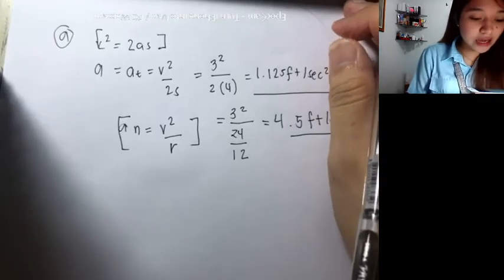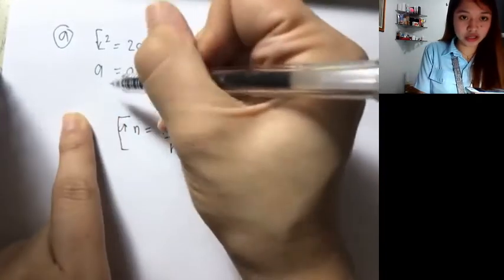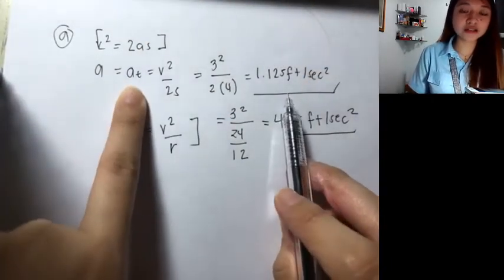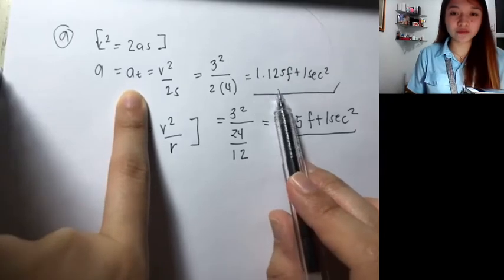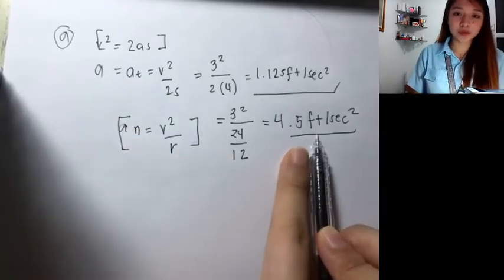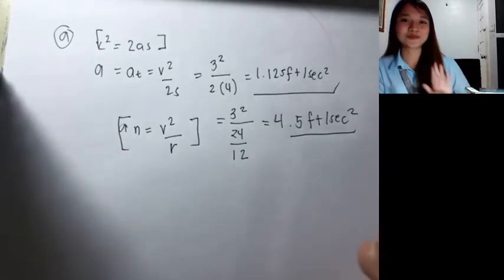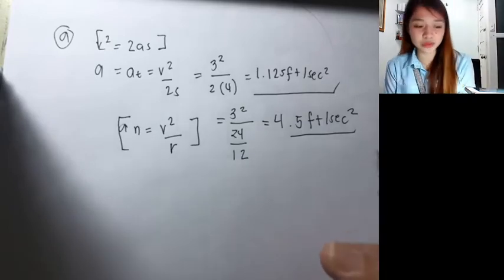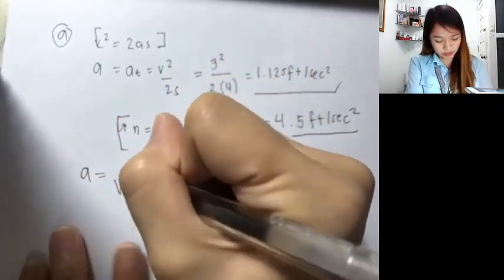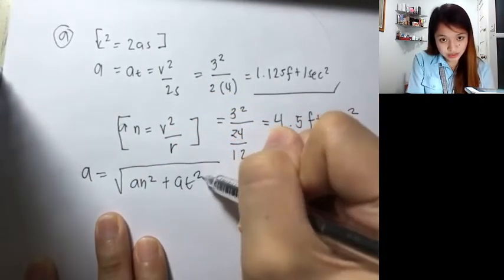So we have tangential acceleration, 1.125 feet per second squared, and normal acceleration, 4.5 feet per second squared. The next thing that we will do is to get the resultant acceleration, simply the square root of an squared plus at squared.